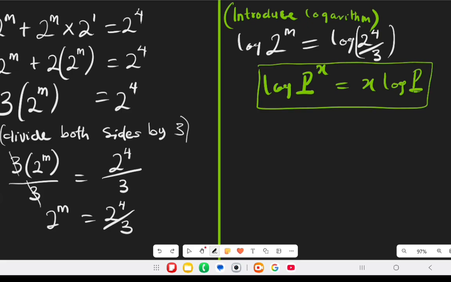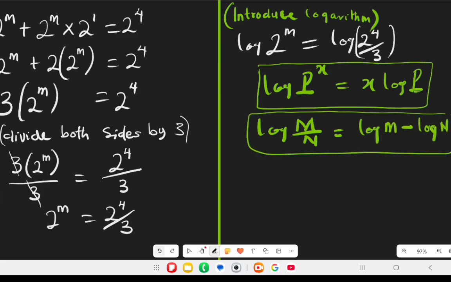Also, in logarithm, whenever we have log m over n, it is the same thing as log m minus log n. Right now, we are going to apply these two laws of logarithms in the above expression.